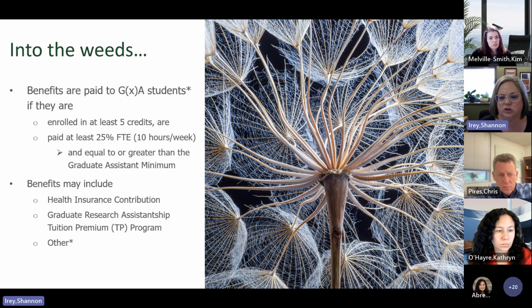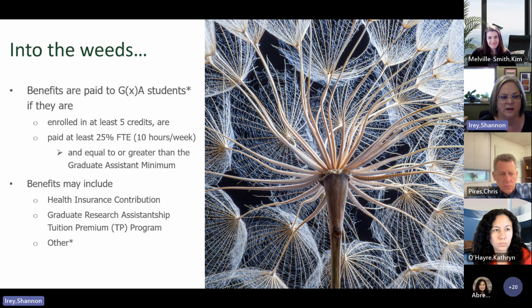And that's set every single year, that minimum graduate assistantship amount. And then the benefits that are included for all of them are the health insurance contribution and the graduate research assistantship tuition premium program.